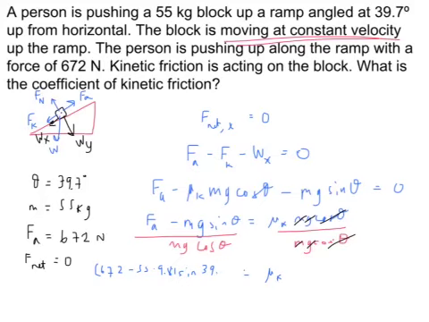I'm doing this with my finger. I don't have my stylus with me. And you divide all of that by m, 55, times g times cos theta, 39.7. And you solve for mu k, plugging this all into your calculator.